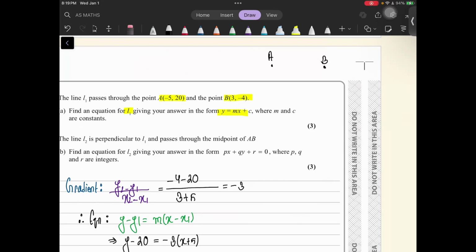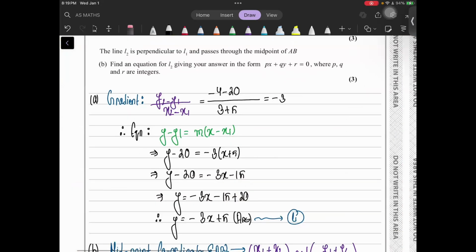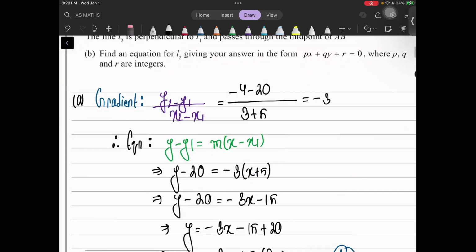And how do you find an equation of a straight line? To find the equation of a straight line, you need to know the gradient and at least the coordinate of one of the points. Since you have both of the points, you can easily find the gradient using this formula: gradient equals y2 minus y1 divided by x2 minus x1.